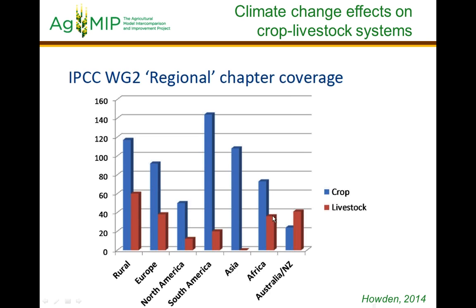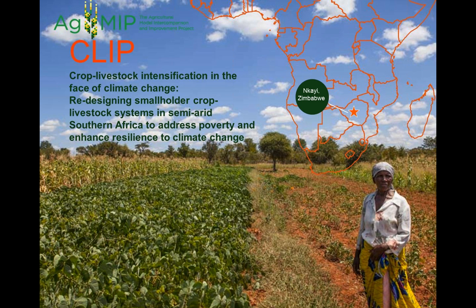I know for a fact that this information on livestock is really very qualitative. It is more, well, okay, we know that climate change might affect, for example, rangeland species composition and therefore herbage quality, but we really don't know how.